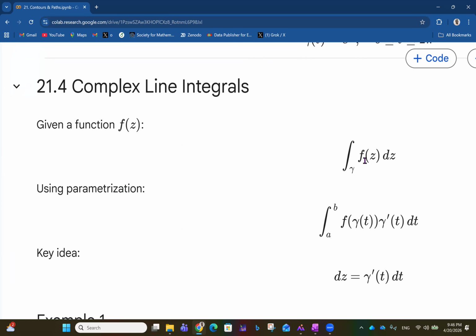If you bring in the parameter, t lies between a and b. Instead of f of z dz, we now have f of gamma of t, gamma prime of t, dt. The key idea here is that dz is gamma prime of t dt, and then we can have all of this.